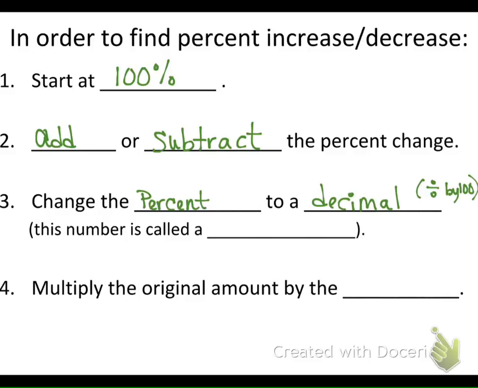Once you change that percent to a decimal, when you're talking about percent increase and decrease, this number is going to be called the multiplier. Circle that. You're going to have to use the multiplier in order to find out what the new price of the item is going to be.